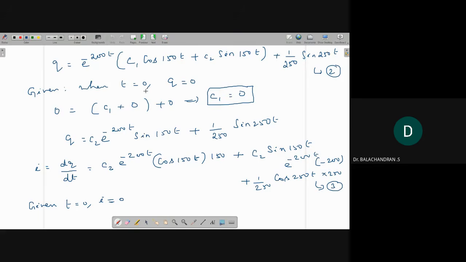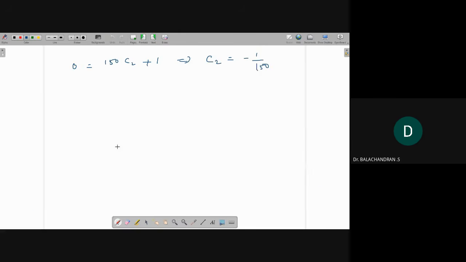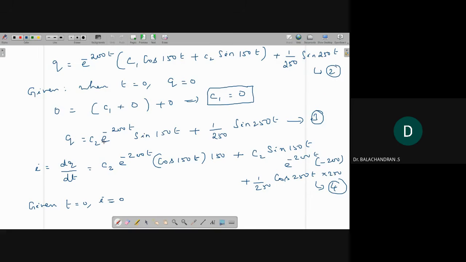Substitute the value of C2 in this equation. Let's keep this as 3. This is 4. Equation 3 implies, now substitute the value of C2 here.